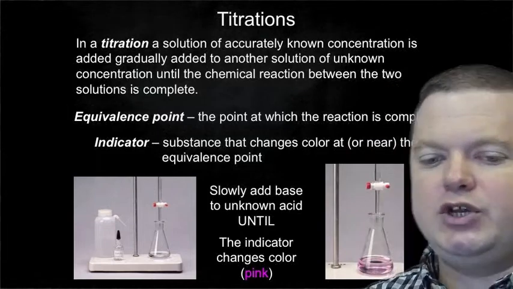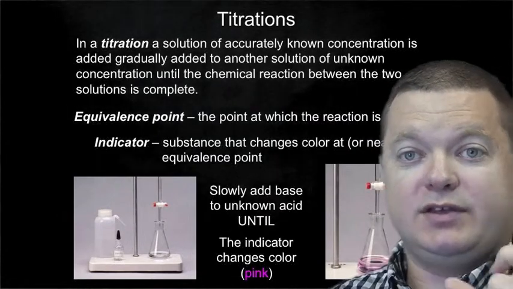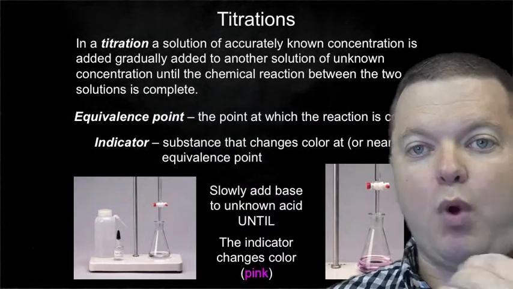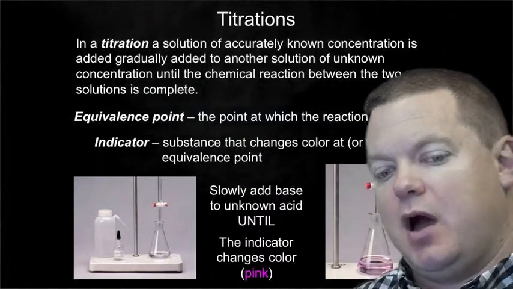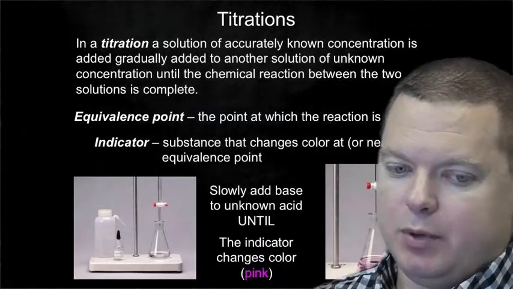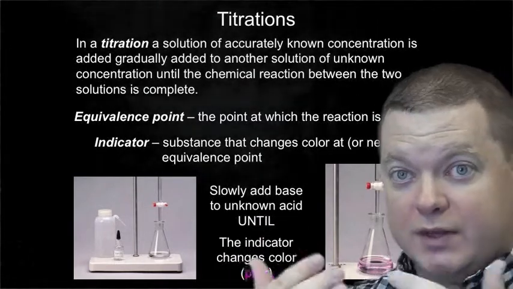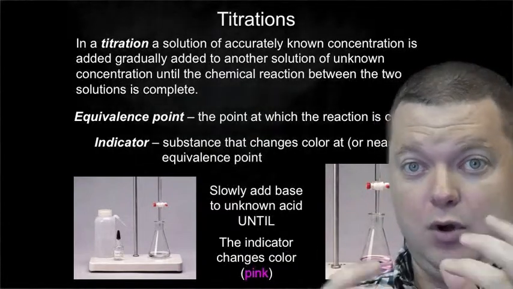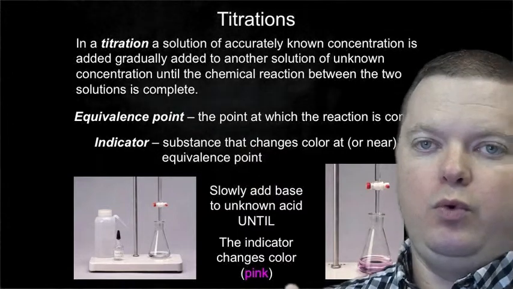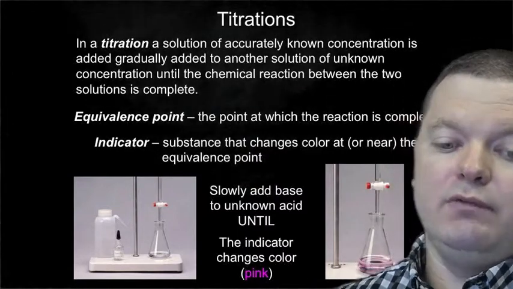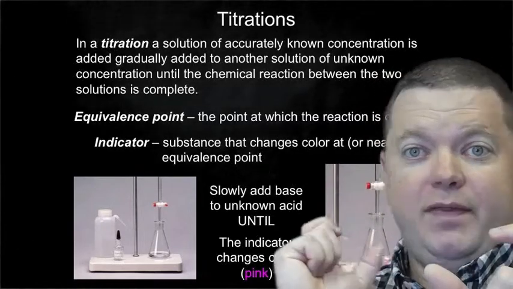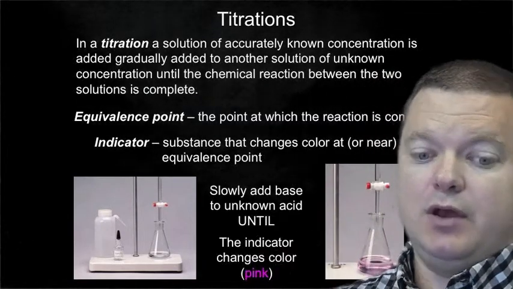So if we remember, a titration is when we take a solution that has a known concentration accurately, and we gradually add it to something that has an unknown concentration to allow a chemical reaction between the two to take place. Right? Once that chemical reaction is complete, or stoichiometrically related, we reach what we call the equivalence point. Right? The point where we've added as much of one component as it takes to completely react with this unknown concentration.